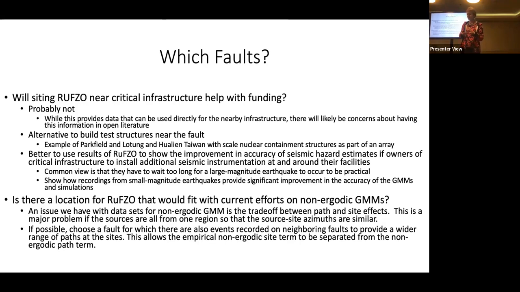So one good idea is to look not just at specific faults, but places where there are nearby neighboring faults, so that you can sample more of a variety of path and site effects. And obviously, the more faults you sample, the better.